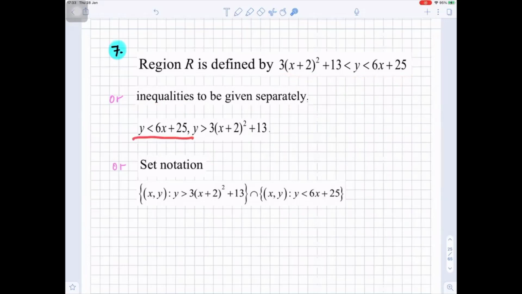Y is less than 6x plus 25. That one I showed you, which is below the line. And y is greater than 3 bracket x plus 2 all squared plus 13, the one which is above that curve.